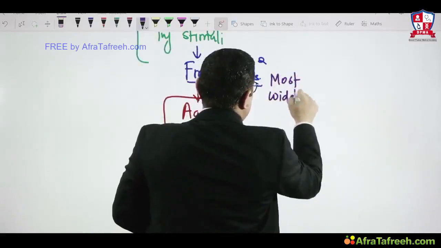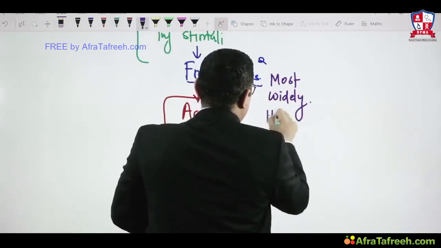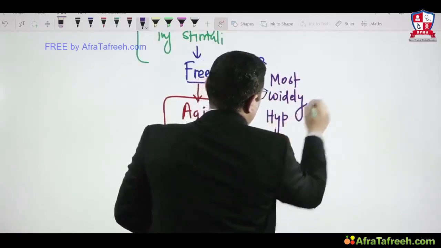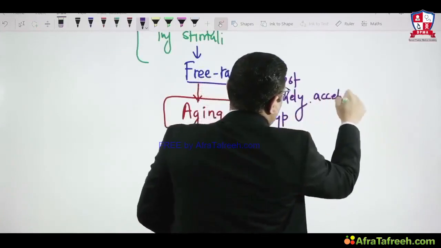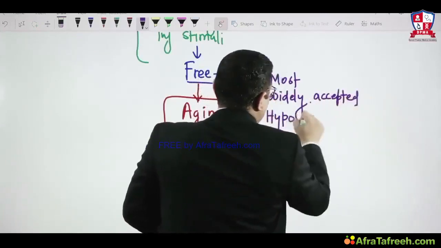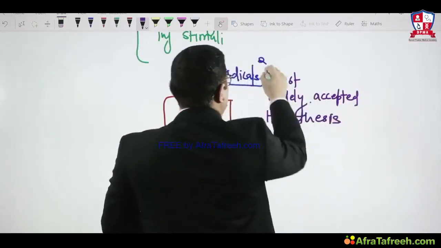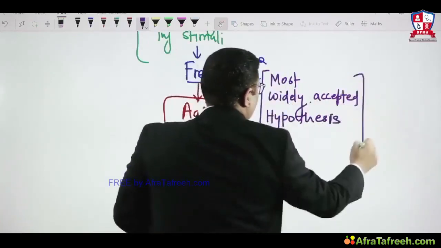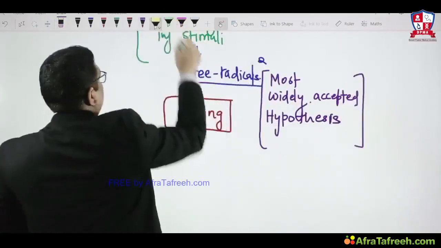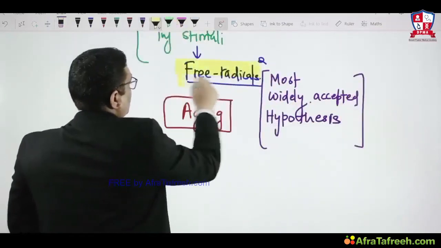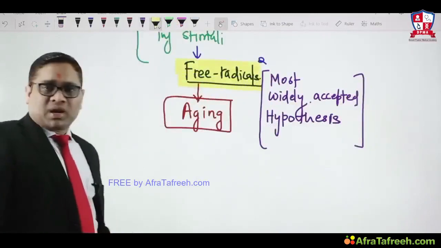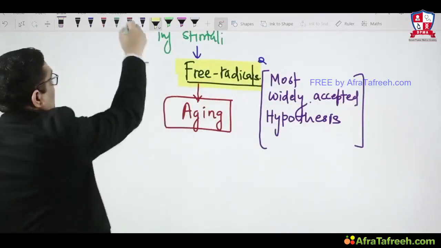This was a question in All India and AIIMS exam. The most widely accepted hypothesis for aging is the free radical damage hypothesis. That is the answer in All India exam.